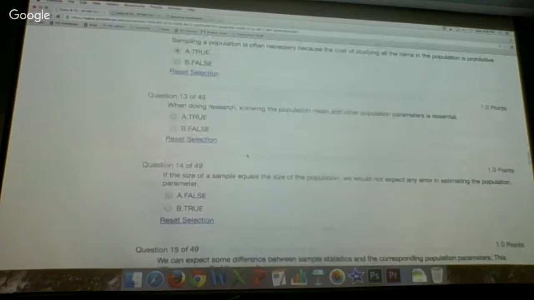13. When doing research, knowing the population mean and the population parameters is essential. Who says true? You got to know that stuff. Who says false? You don't have to know that stuff. So the answer is false. We're often making inferences, and that's where we start. The first half, when we're talking about any sample statistics, those are all descriptive statistics.